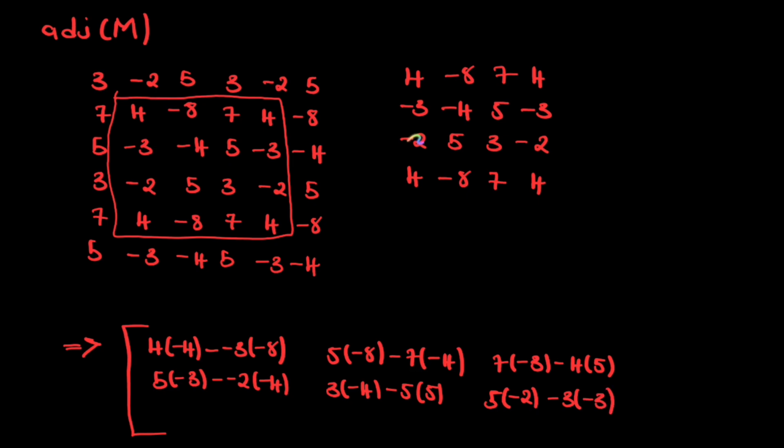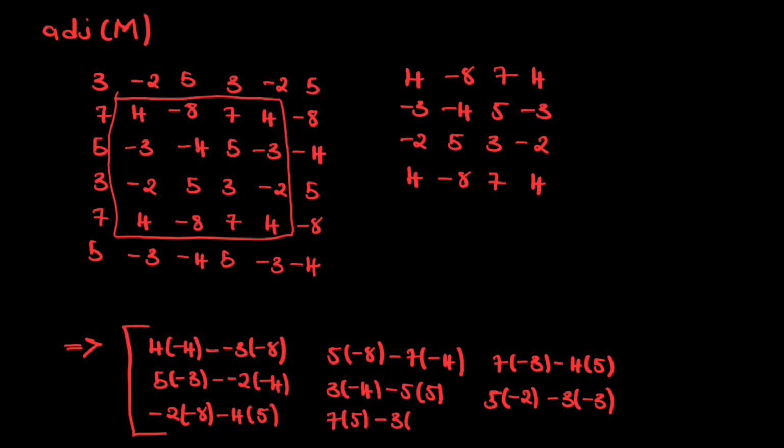Now go to the next: minus 2 times minus 8 minus 4 times 5. We take the next: 7 times 5 minus 3 times minus 8. We go to the next: 3 times 4 minus 7 times minus 2.